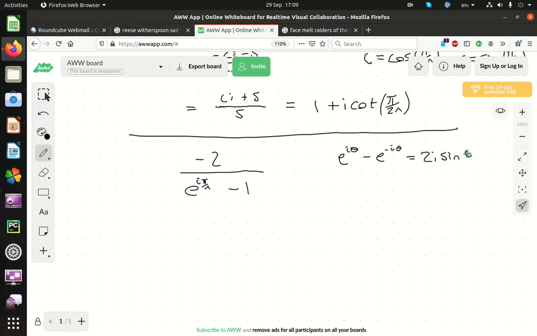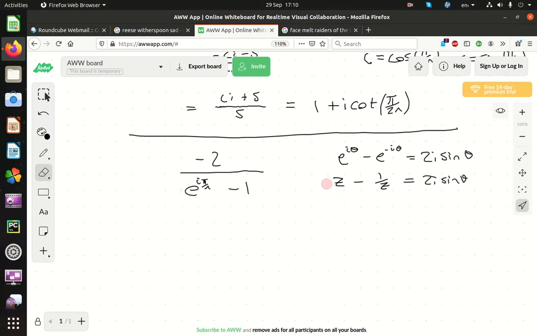And that is literally this z minus 1 over z equals 2i sine theta, which we were using in the last exercise. Do you remember that? That's when z equals cos theta plus i sine theta. So what is our theta changed to here? Our theta changed to pi over n. So we can't introduce it straight away, but what we need is an e to the i theta minus e to the minus i theta.